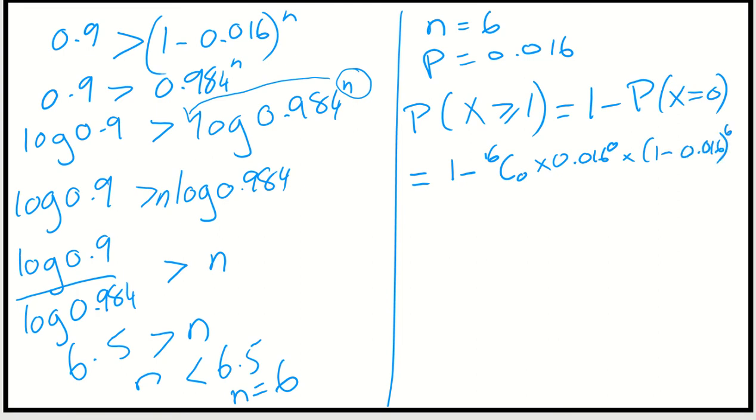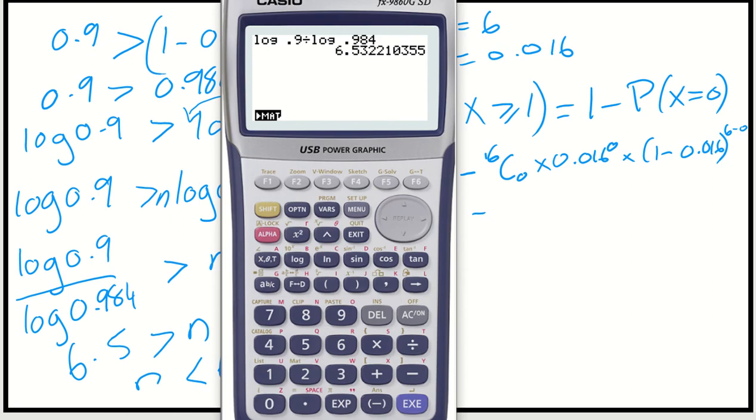N is 6, 6 minus 0. Okay, so that's going to give me 1 minus, and that's when I need to go and calculate all of that. So 6 choose 0 goes to 1, anything to the power of 0 goes to 1, so I'm going to have 1 minus 0.016 equals 0.984, and do that to the power of 6.